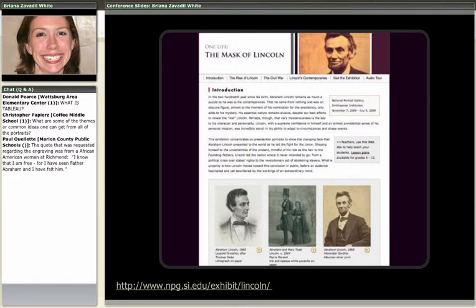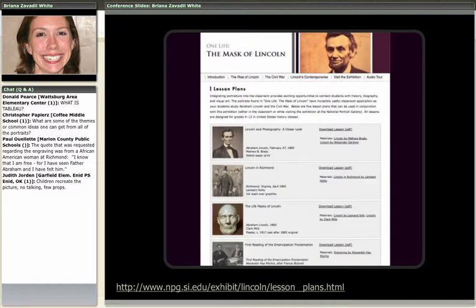And you'll see it's broken down by introduction, the rise of Lincoln, the Civil War, and Lincoln's contemporaries. When you click on any of the images, it pops up larger, so your students can see it in the classroom, however you're projecting it. And it also pops up with information about Lincoln at that time, information about the portrait, and that backstory that I was talking about, for you to use.